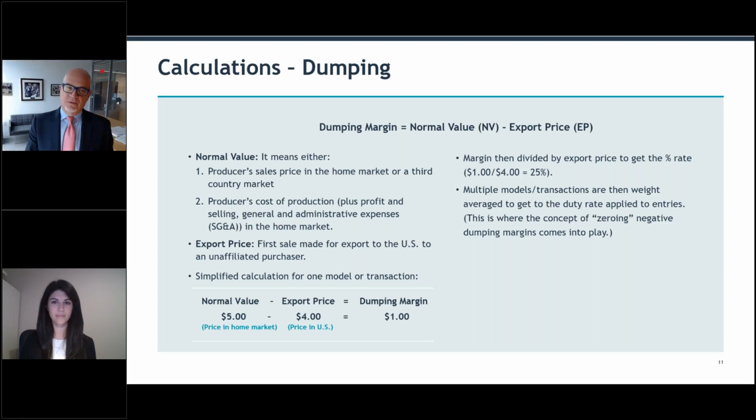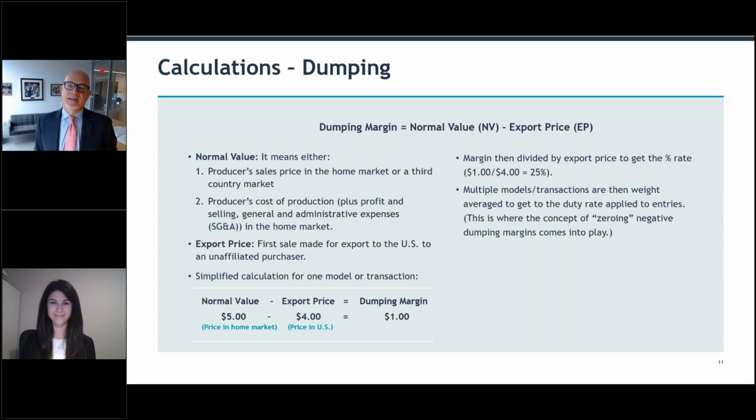This is also, and the fact that you have multiple transactions going on, this is where some of you may have heard about this whole zeroing controversy, over the zeroing practice that the United States and many other countries used to use, that the WTO had found to be WTO inconsistent. And that's frankly one of the reasons why the WTO dispute settlement system isn't working very well these days.